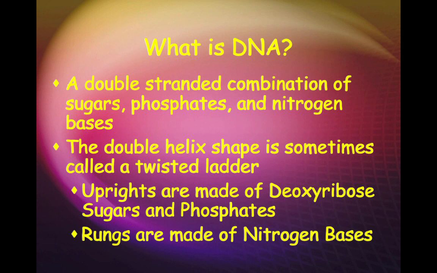And then both halves of the ladder are connected by the steps or the rungs that go in between. So that twisted ladder shape is known as a double helix. And the upright parts of the ladder are made of alternating deoxyribose sugars and phosphates. And the rungs, or the steps of the ladder, are where you're going to find the nitrogen bases.